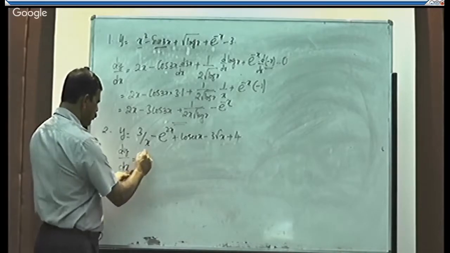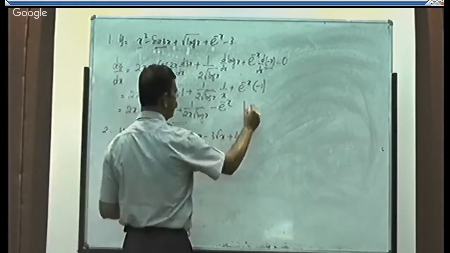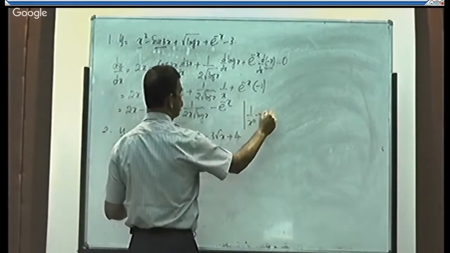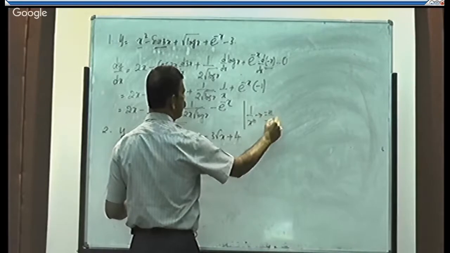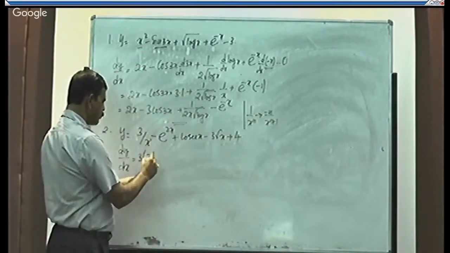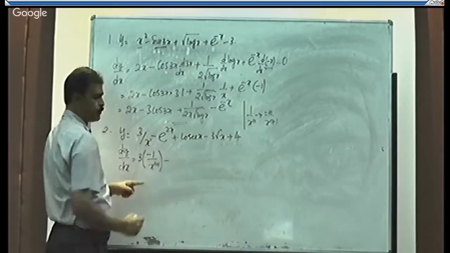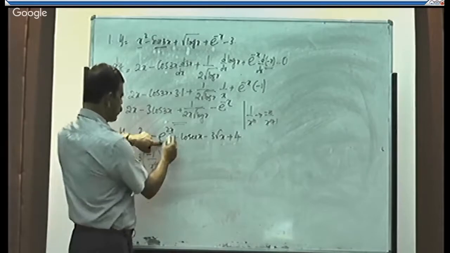3 into what is differentiation of 1 by x? It is 1 by x to the power of n form. 1 by x to the power of n is what? Minus n by x to the power of n plus 1. Correct? So what is n? 1. Minus 1 by x to the power of 1 plus 1, minus differentiation of e power function. It is what?